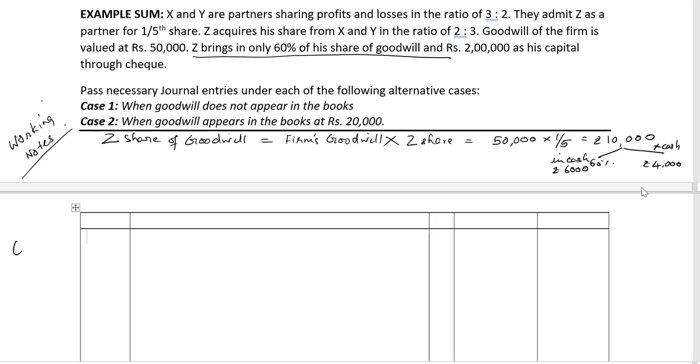We'll begin with case 1. Journal: date, particulars, LF number, debit rupees and credit rupees.